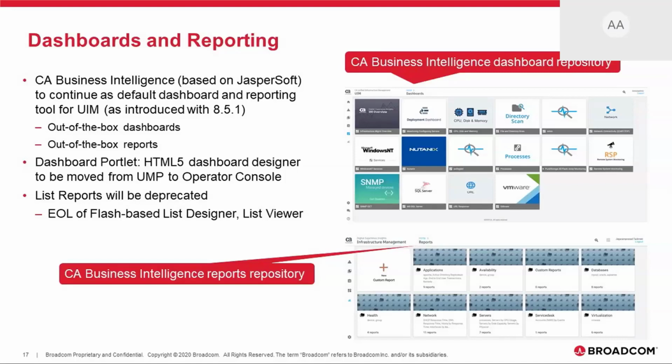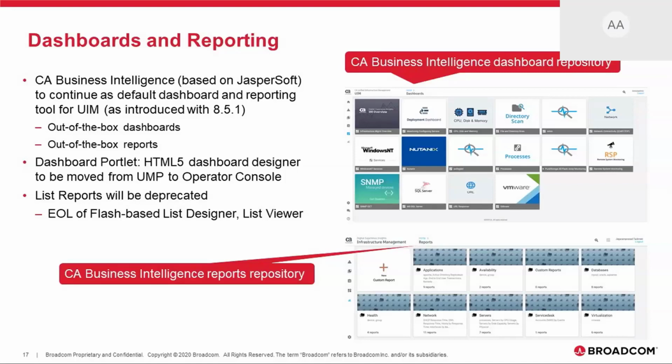It is the same functionality which is getting ported. But one thing which will get deprecated with UIM 20.3 is the list reports. That's a Flash-based functionality to generate tabular reports, like List Designer or List Viewer, which users have been using. We expect customers to create their custom reports using CABI. We already have a custom report functionality.